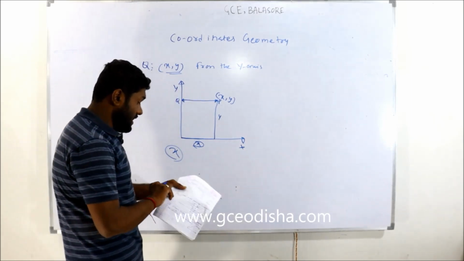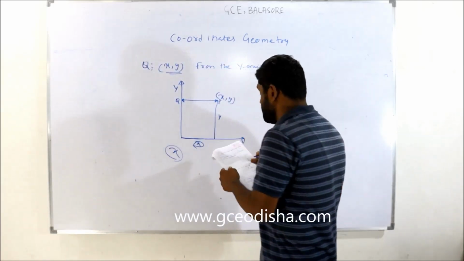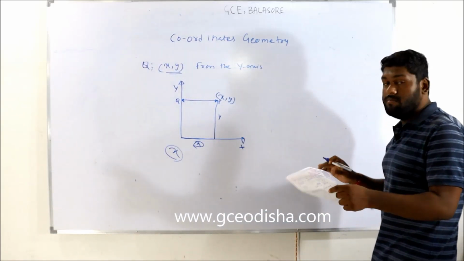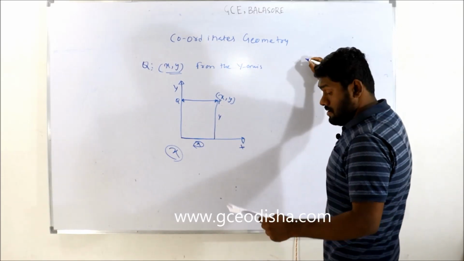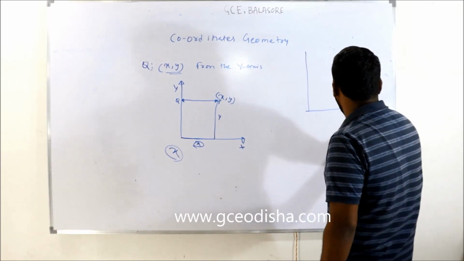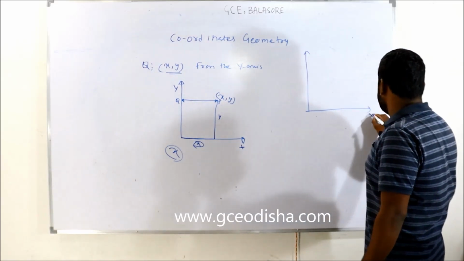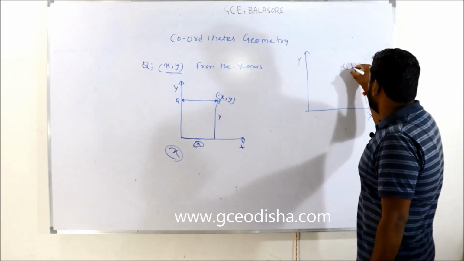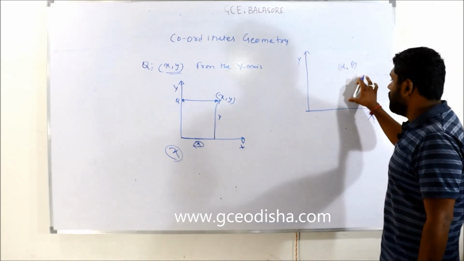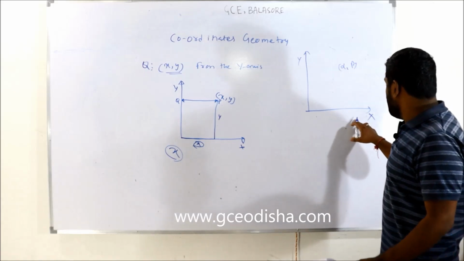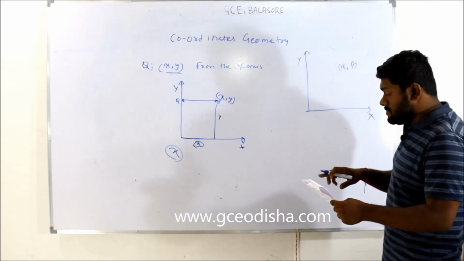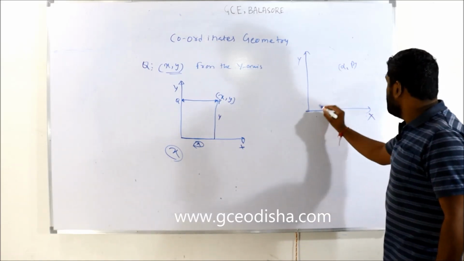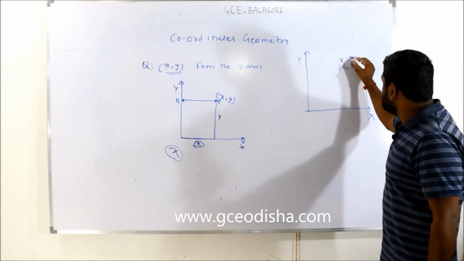Similarly, another question is: what is the distance of the point (alpha, beta) from the x axis? This is x and this is y. Alpha, beta is in which quadrant? Positive quadrant, both are positive. What is the distance of the point from the x axis? Alpha, beta: generally this is the x term, this is the y term.